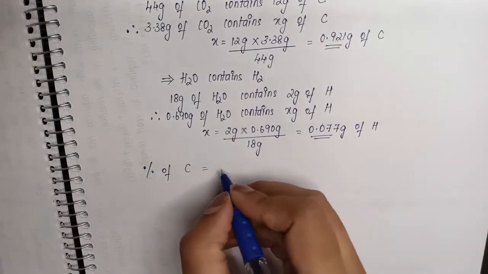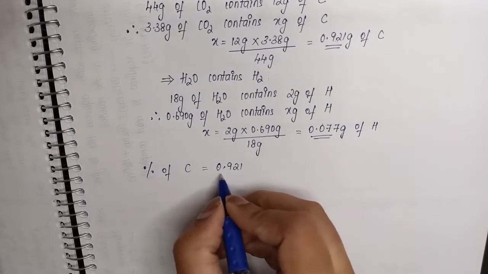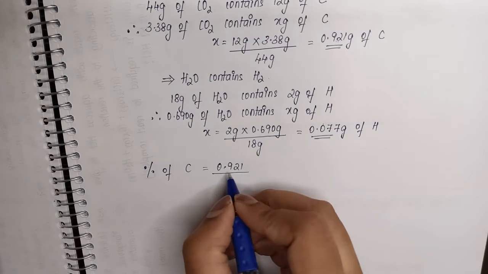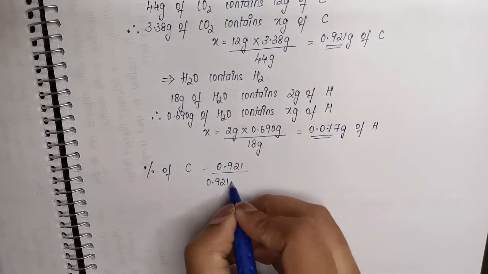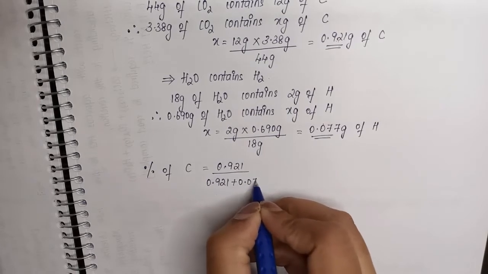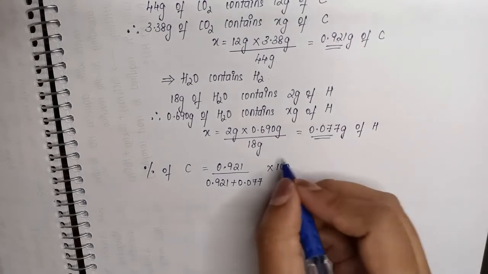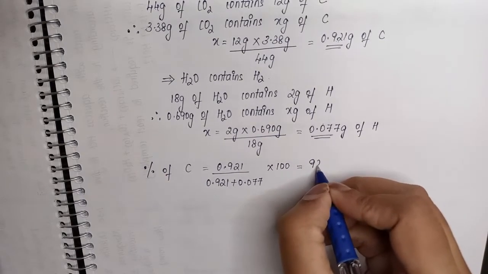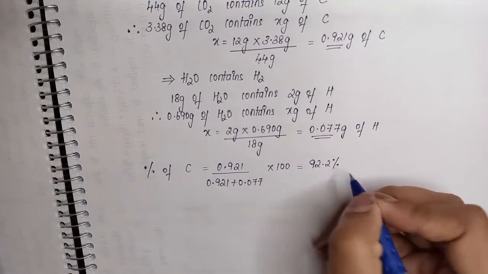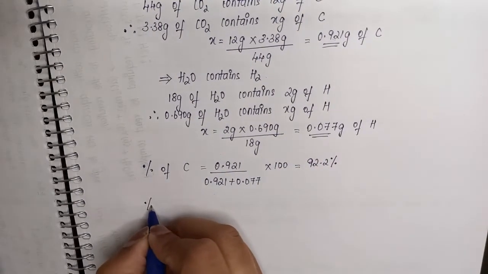So the formula for this is going to be the weight of carbon divided by total mass, 0.921 plus 0.077, into 100. Now when we simplify this, we will get the percentage to be 92.2%.